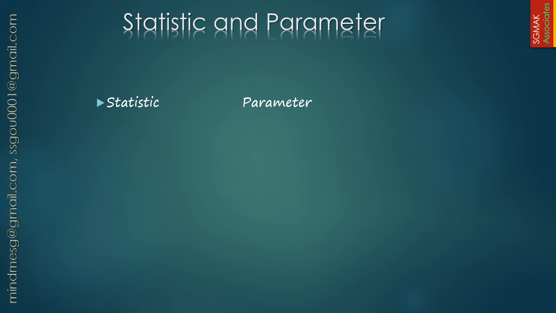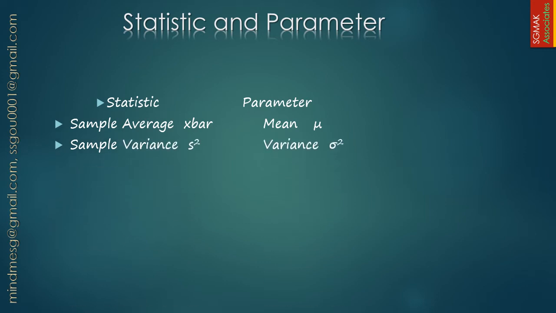For example, sample average X bar is a statistic. The corresponding parameter is population mean, represented by mu. Another example, sample variance. You collect a sample, you can estimate the variance of the sample.